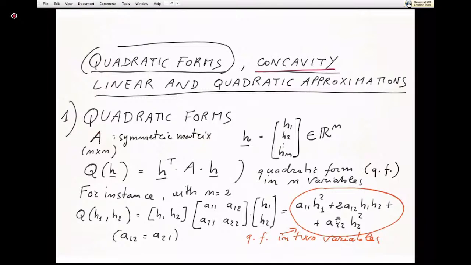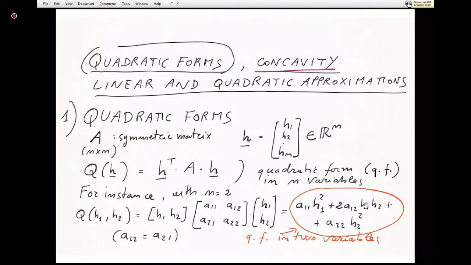I mean, these are numbers, A11, A12, A22. You can select, for instance, h1 equal to -1, h2 equal to 2, or h1 equal to -1/2, h2 equal to 7, or invert the signs, or both negative, or both positive. Are there structures of the A matrix such that you can select any value of h1, h2, but you always get a positive result here, okay? After all, at least if A11 and A22 are positive, for instance, at least two terms here will be positive, okay? Clear?